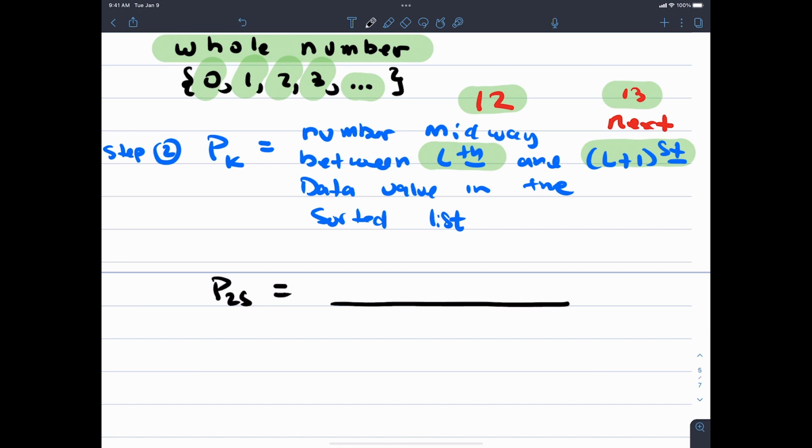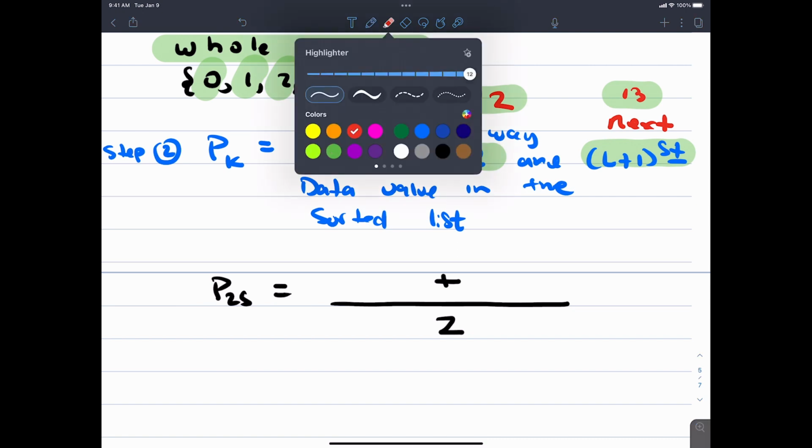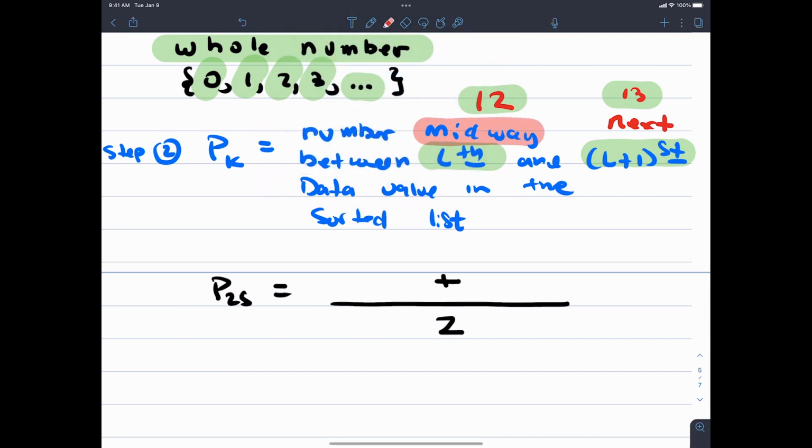P25. You guys remember what midway between means? You have to add 2 numbers and then divide by 2. Let me say that again. This is midway between the 12th and the 13th data value in the sorted list.